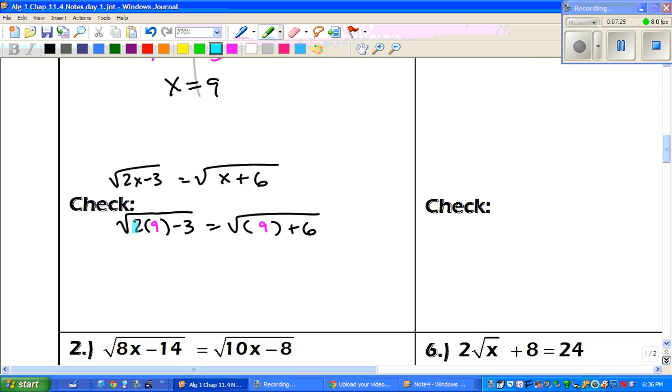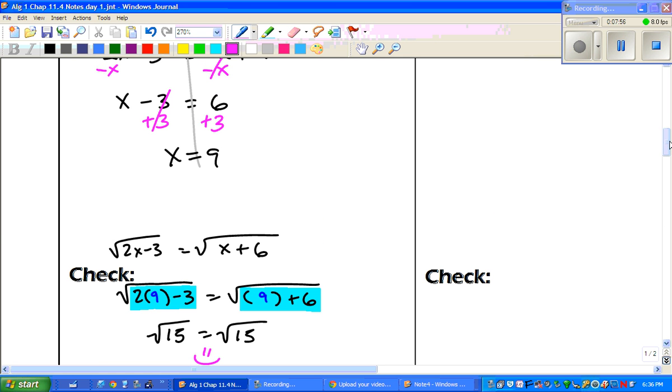Now, most of you guys can do this in your head, but all I want you to focus on is what's underneath. 2 times 9 is 18. 18 minus 3 is 15. Well, 9 plus 6, that's easy, 15. Since this is a true statement, we can come back here and say that x equals 9 is our answer. Just remember that we have to check first.